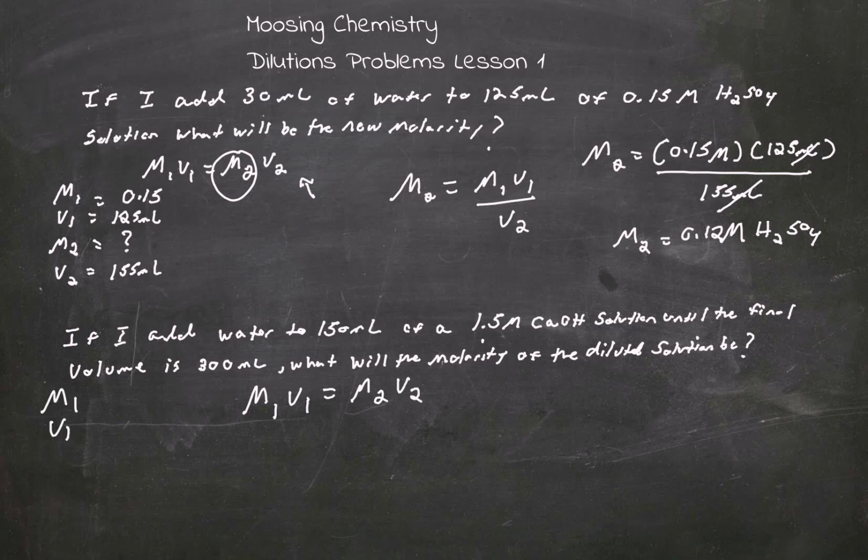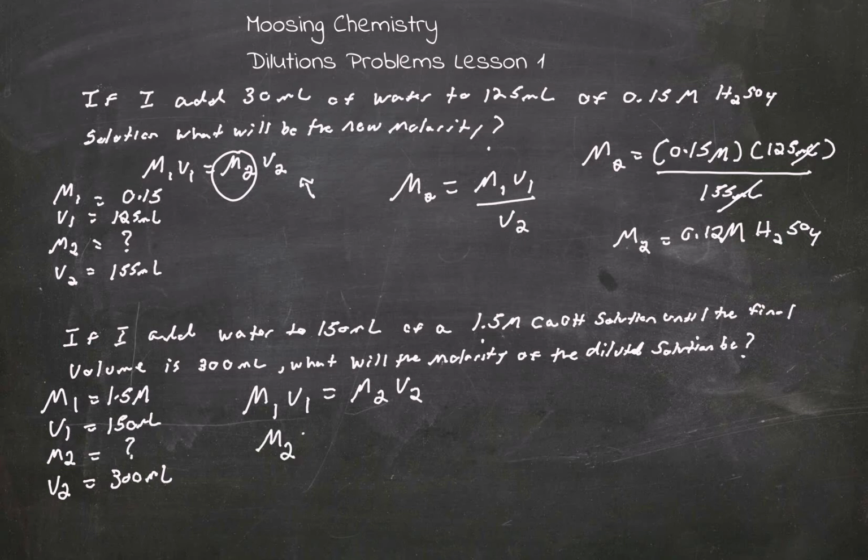M1, V1, M2, V2. Alright, so our first molarity is 1.5 M. And our first volume was 150 milliliters. Our second volume was 300 milliliters. And we're looking for M2.